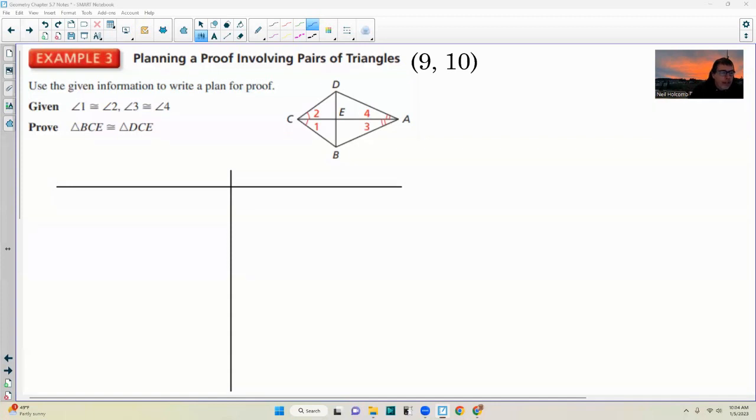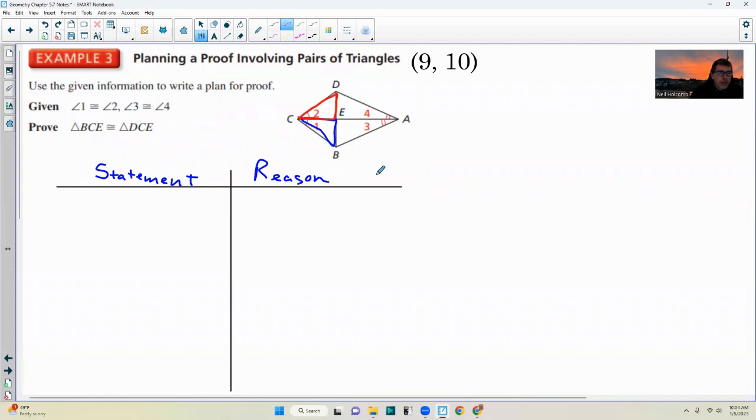Okay, this is getting a little more complex. So I have a statement. And I have a reason. I'm going to do it with a two-part proof. Okay, so what we're trying to prove here is triangle BCE, this little triangle right here, is congruent to this triangle here.